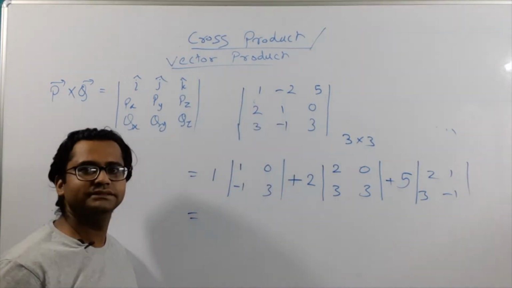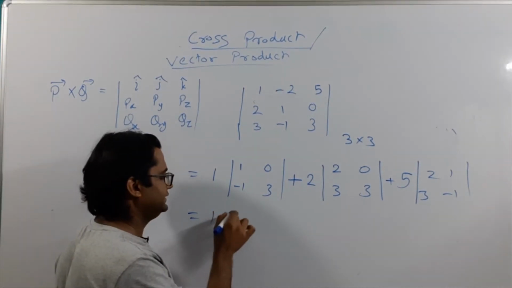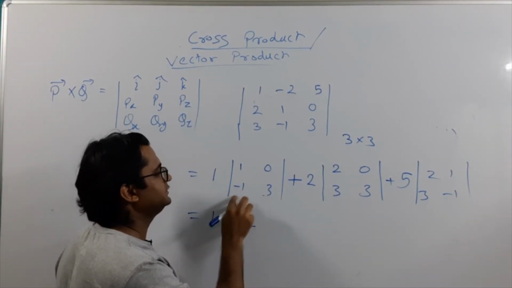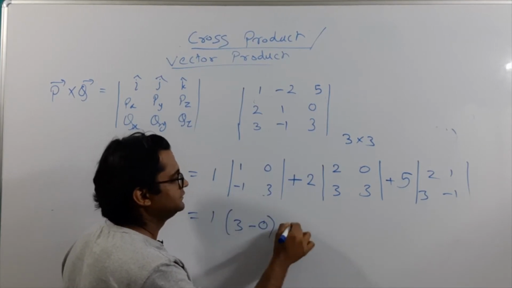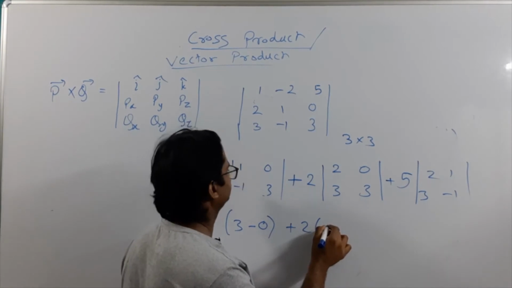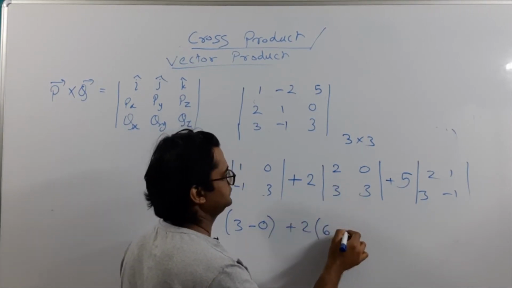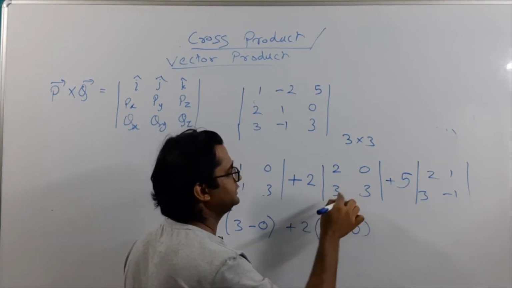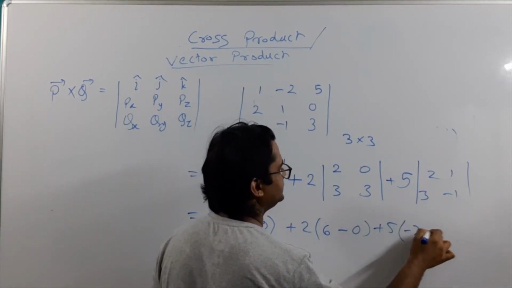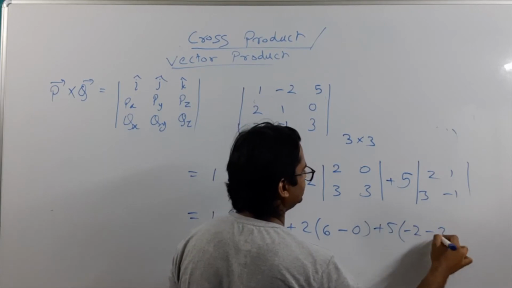Now let us solve this. What we get is 1 into 3 is 3 minus 0, this becomes 0, plus 2, 2 into 3 minus this will be 0, 0 into 3 is 0, plus 5, 2 into -1 is -2, minus 3 into 1 is 3.